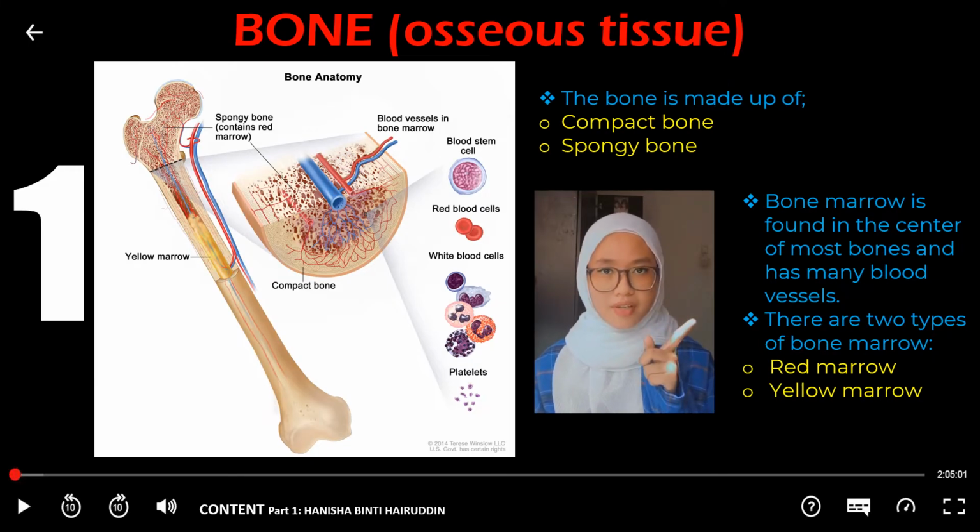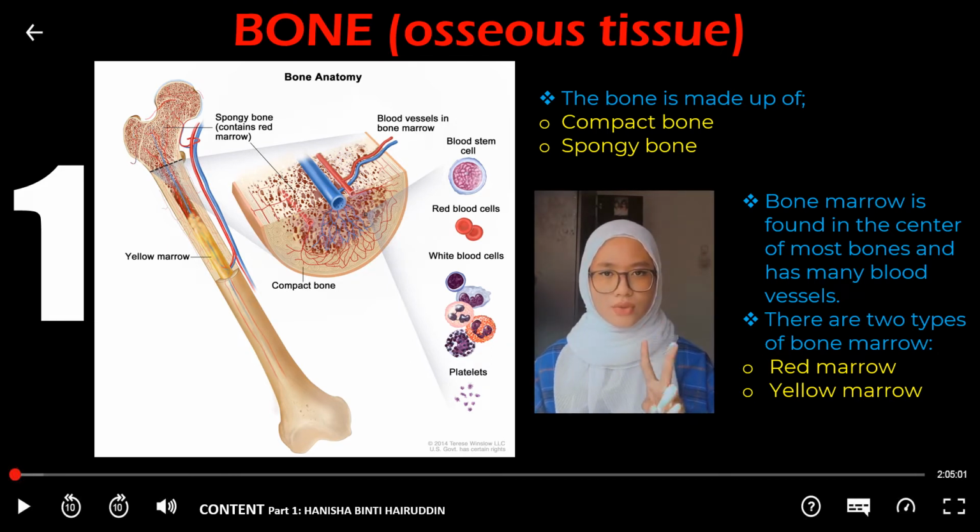For the first part, I'm going to explain a little bit about bone. The bone is made up of compact bone and spongy bone. The compact bone makes up the outer layer of the bone, while the spongy bone is found mostly at the ends of bones and contains red marrow. Bone marrow is actually found in the center of most bones and contains many blood vessels.